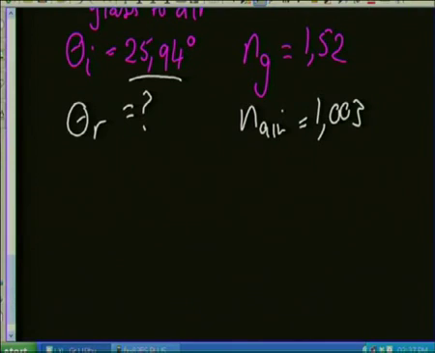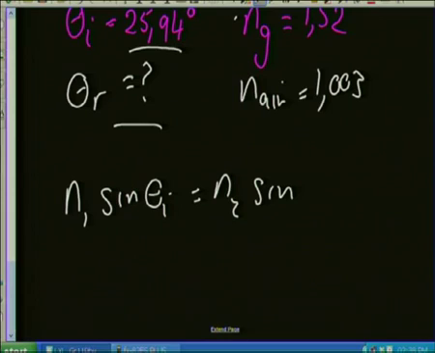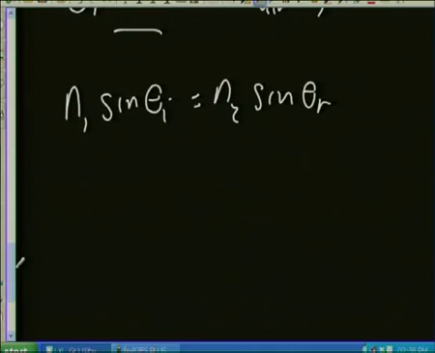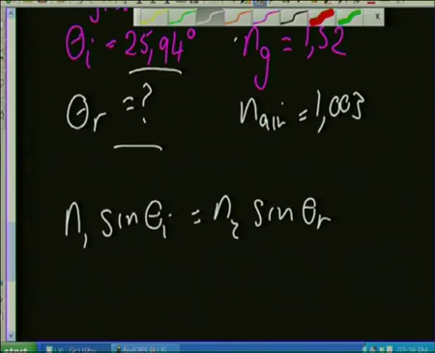The refractive indices will stay the same. So angle of refraction, we must predict is going to be bigger than 25. Let's see if it works. N1 sine theta I, N2 sine theta R. Now, we're wanting to find sine theta R on its own, but let's substitute first of all, and then we can manipulate and change.